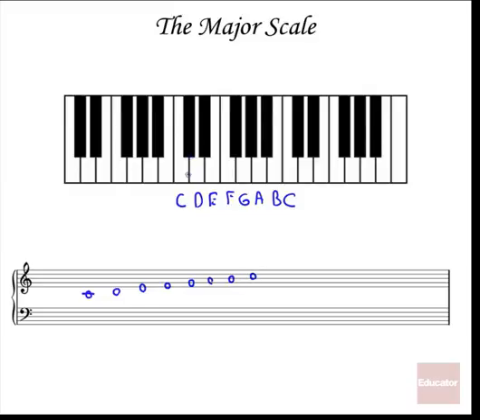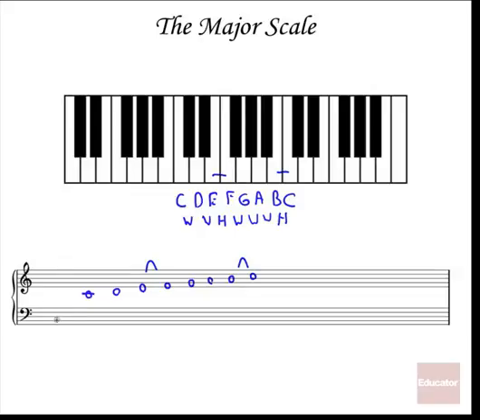And so let's look at, again, the pattern of whole and half steps, because that's what determines this scale to sound the way it does. So here is a whole step, here's a whole step, here is a half step between E and F, and here's a whole step, a whole step, a whole step, and then a half step between B and C. So here are the half steps.